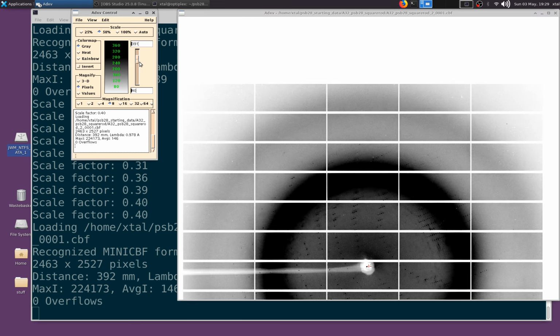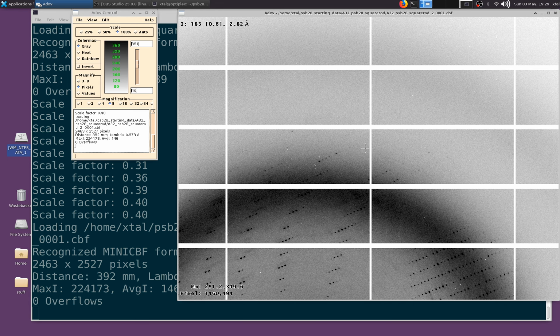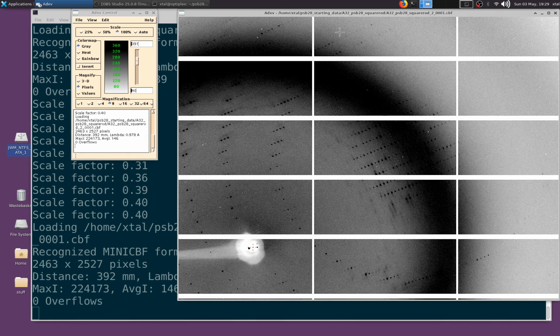If we look at this image, let's magnify, the spots are going to about, I can see a spot there at 2.4 angstroms. The rule of thumb is that the resolution typically goes a little bit further than you can see.